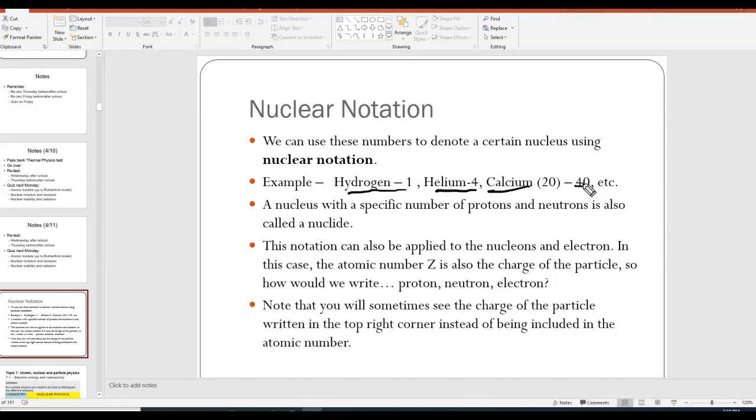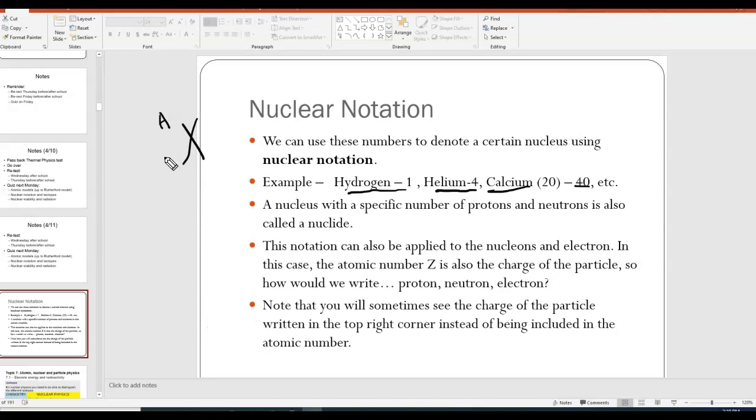Those are all different atoms that exist in the universe. Now, here's how we express those. This is the general form of how we express those. What you do is, in the middle, you write the chemical symbol. I'm just going to call that X. In the top left corner, you write the mass number.